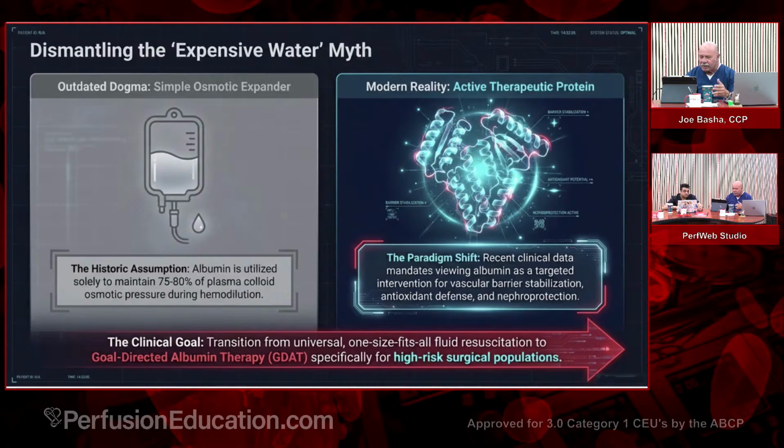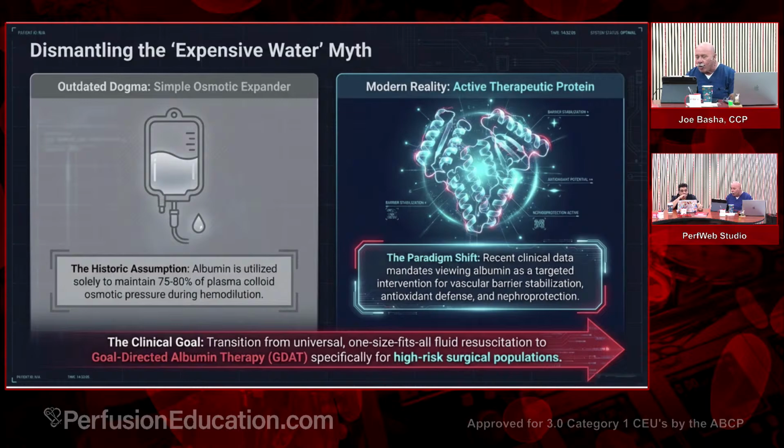However, it is true that albumin is 75 to 85% of your oncotic pressure, and that's why it is such a good surrogate for measuring actual COP. We used to actually measure COP, which should be about 25 to 30. The modern reality is that it is an active therapeutic protein. Recent clinical data mandates viewing albumin as a targeted intervention for vascular barrier stabilization, antioxidant defense, and nephroprotection.